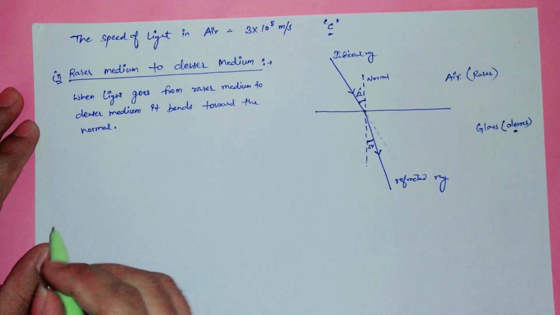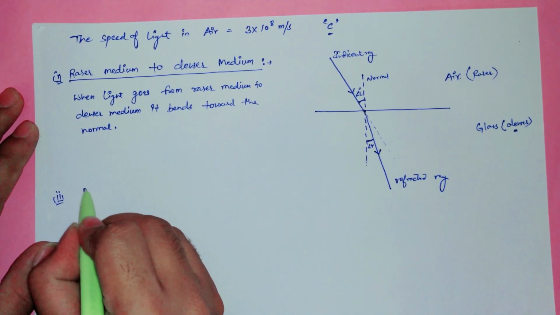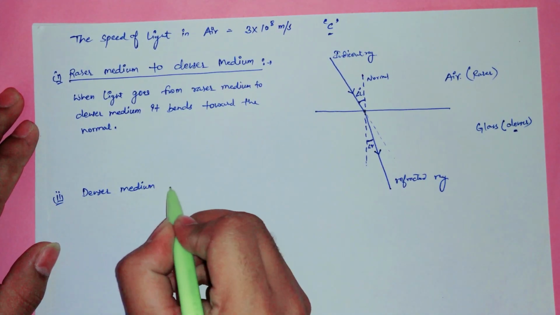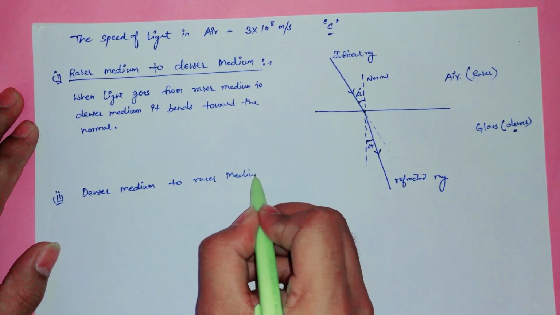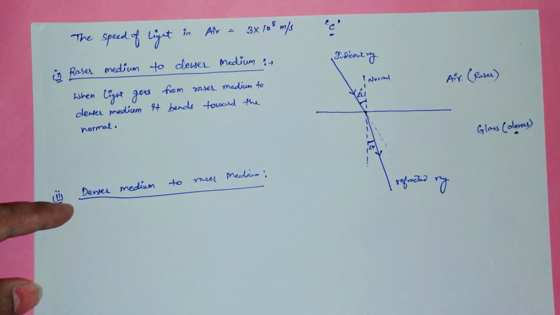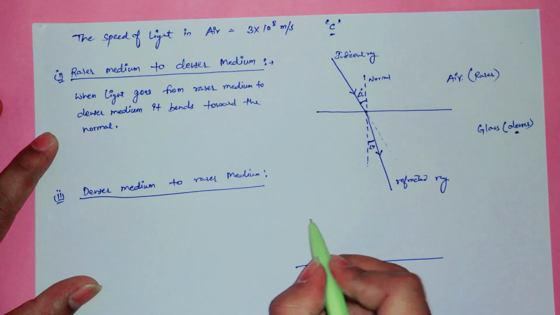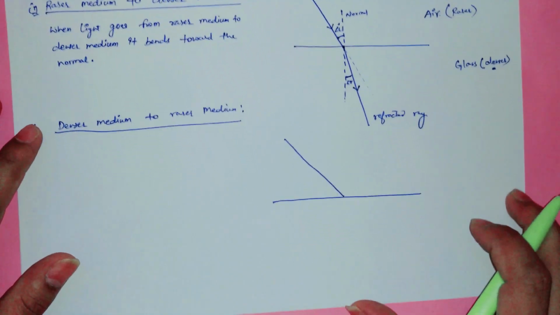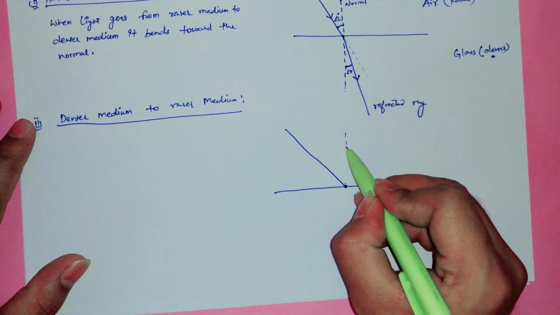So second case, when light goes from denser medium to rarer medium, this is opposite. Now suppose this is our interface and this is light. So light is incident at a point, and at this point we can draw a normal.